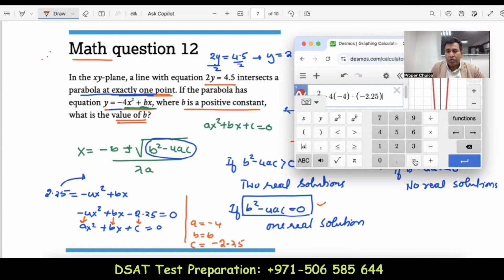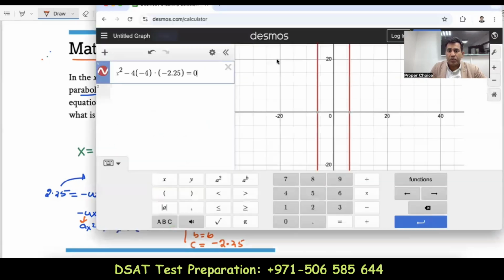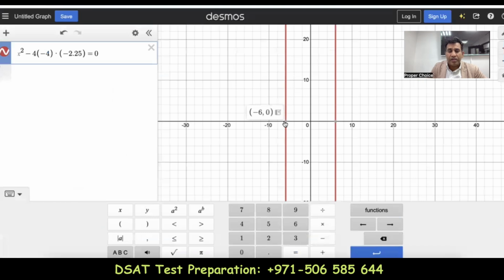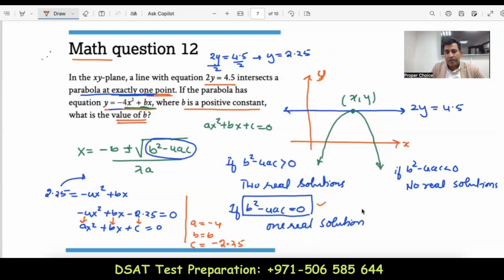Set it equal to 0. I'm getting two values: one is minus 6 and another is plus 6. So b will be plus or minus 6.